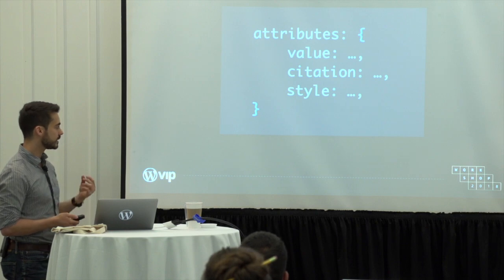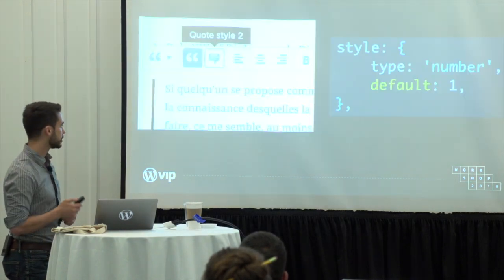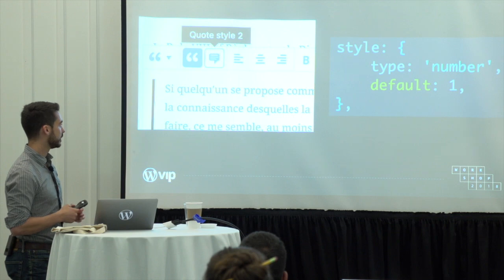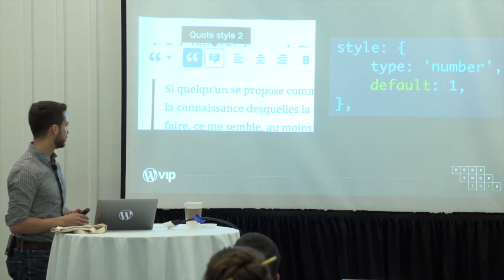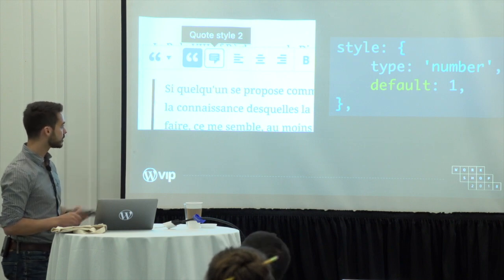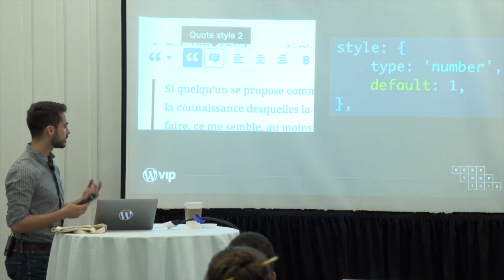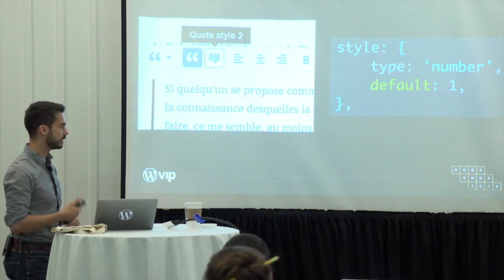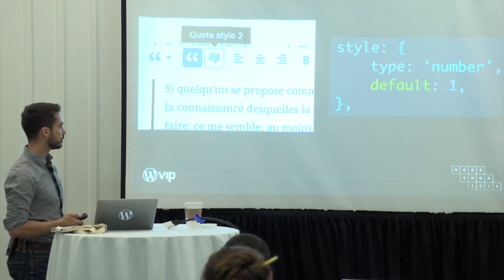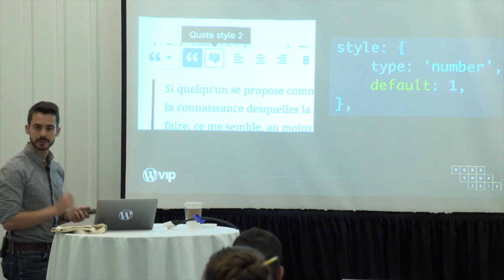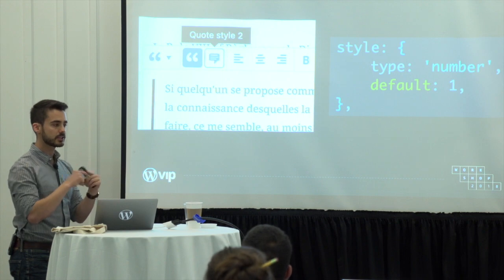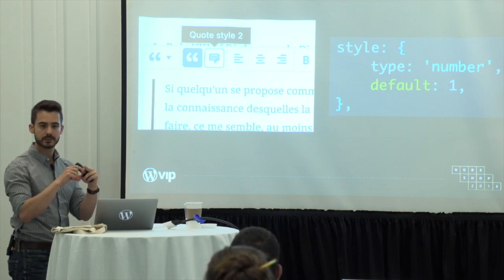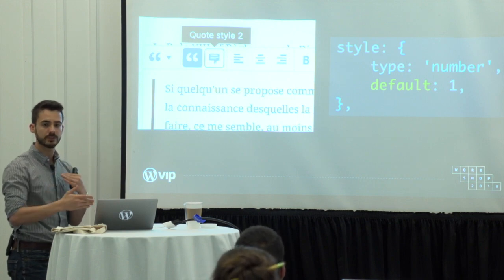And style is basically just a visual choice that we offer by default, where the default style is this one, and style2 has just larger font and doesn't have the border. And so style is obviously a number or anything enumerable, and it defaults to 1. If we don't pick a specific style, because 1 is the default, that's not going to be shown in the HTML comment. The HTML comment only shows the attributes whose value differs from the default.